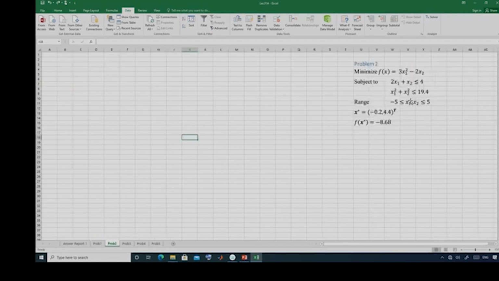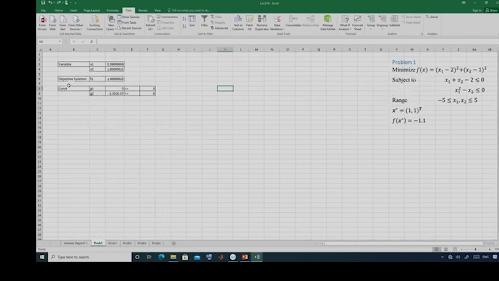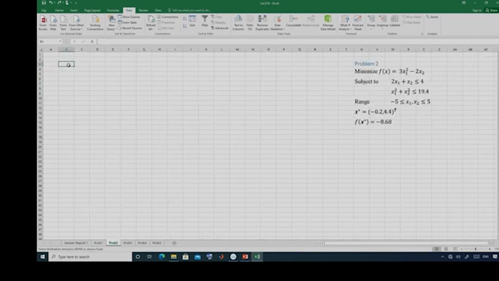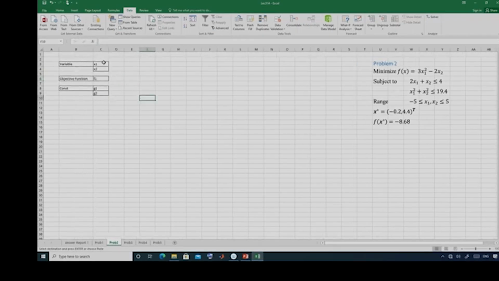In problem 2 we have two constraints and the objective function is nonlinear. Okay. So let me write it. I would like to copy this thing. We have two variables, that is x1 and x2.